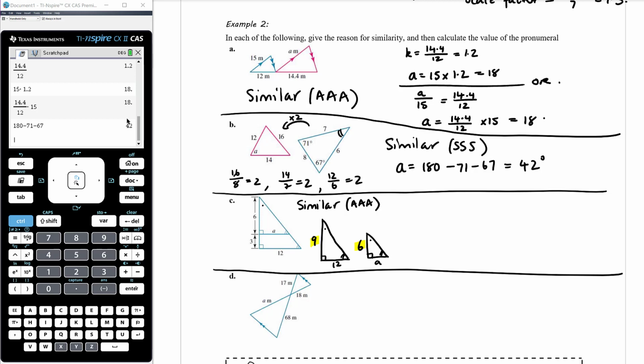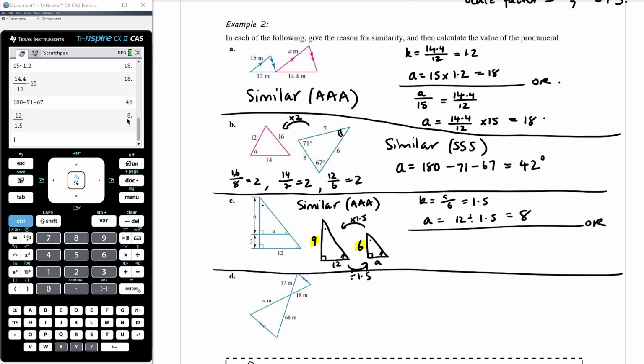So either you do K equals 9 divided by 6, which is 1.5, and so we're multiplying by 1.5. Then A times 1.5 equals 12, or we do it the other way, dividing by 1.5 to go this way, so A will equal 12 divided by 1.5, which is 8.